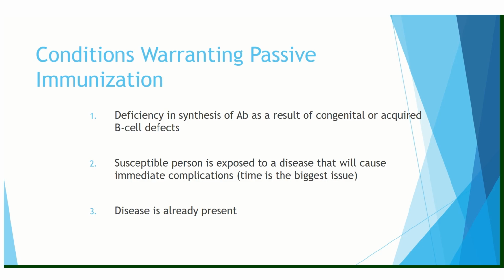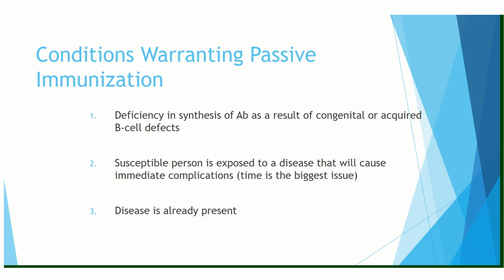So how about the challenges of passive immunization? There are three main things. First, it depends on B cell characteristics. For example, B cell defects can lead to deficiency of antibody synthesis. Second, a susceptible person is exposed to a disease that will cause immediate complications.